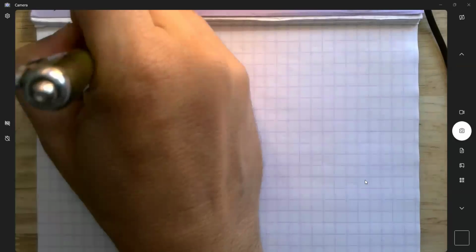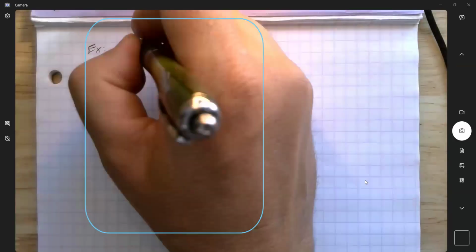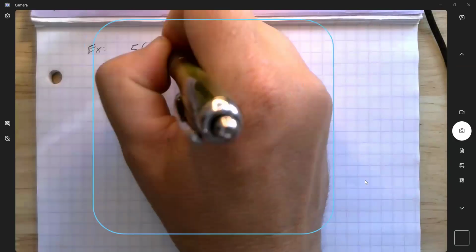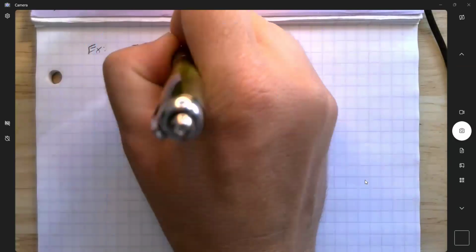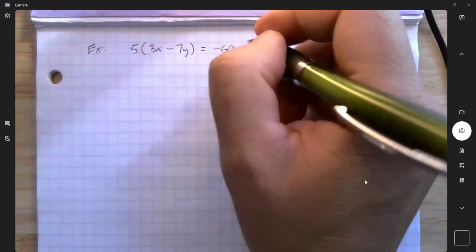Let's just do a couple more examples. 5, now I'm going to multiply it by parentheses 3x minus 7y, equals negative 60y.